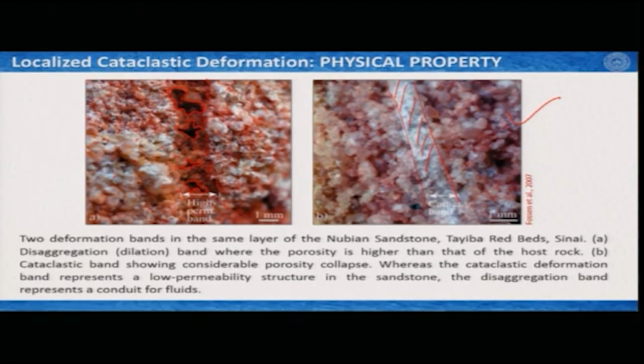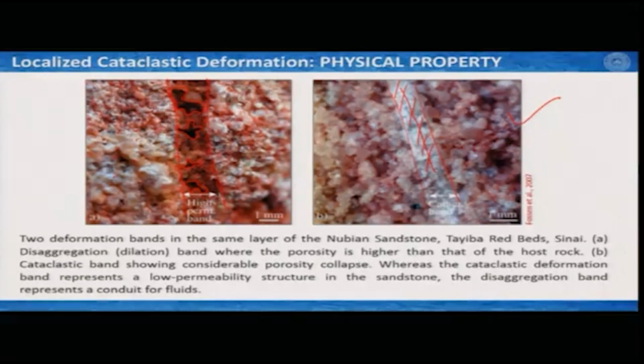Therefore, we can conclude that in this image we got porosity reduced, and in this image, along this localized cataclastic band, we have porosity increased. Now, if porosity increases, the permeability also increases.